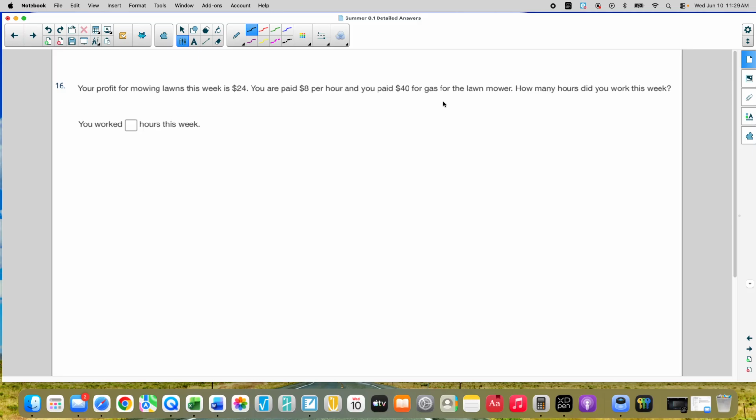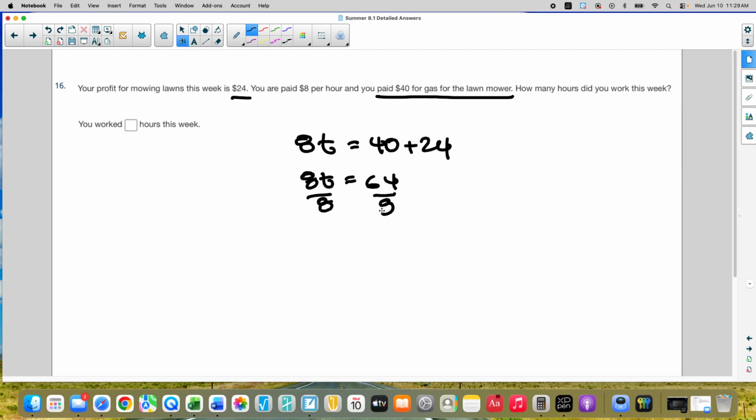Maybe we filled it up twice. Maybe we didn't use it all. Maybe we didn't need $40, but you paid for $40. So that's an expense plus this. And then so 8 times T should equal 40 plus 24. So we get 8T equals 64, divided by 8, divided by 8.